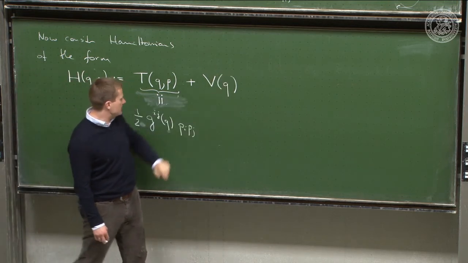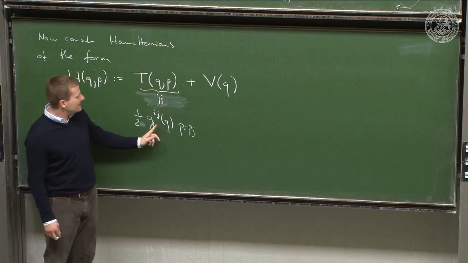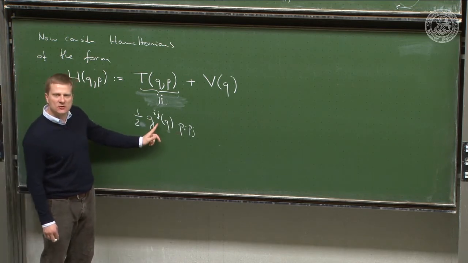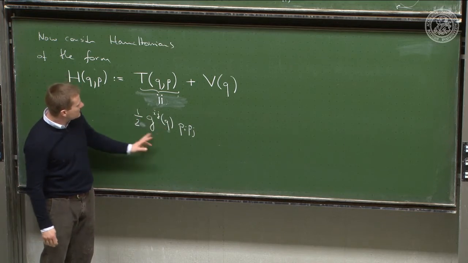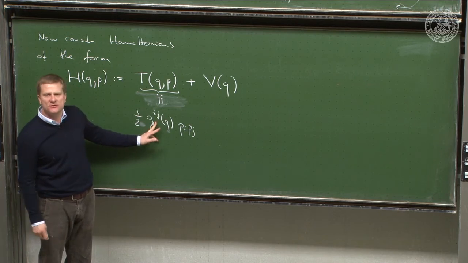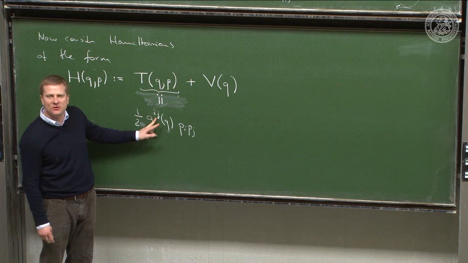If you set this potential to 0, the Hamilton equations will yield the geodesic equation. The solutions, if you project them down to Q space, will be the geodesics with respect to the Riemannian manifold provided by this metric on the Q space, or the inverse metric.